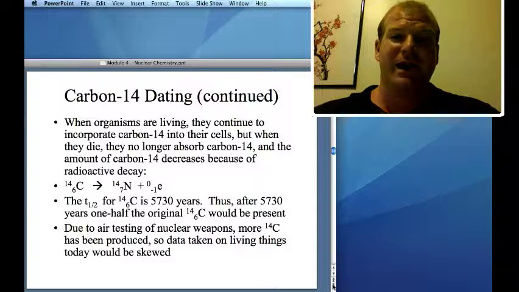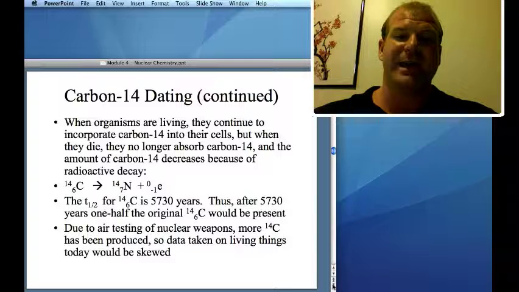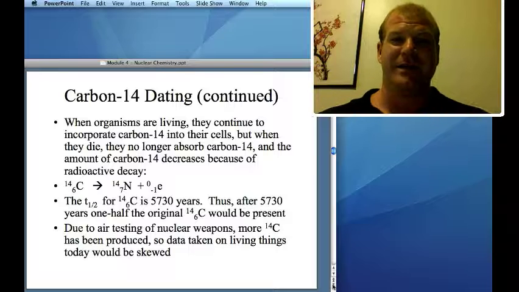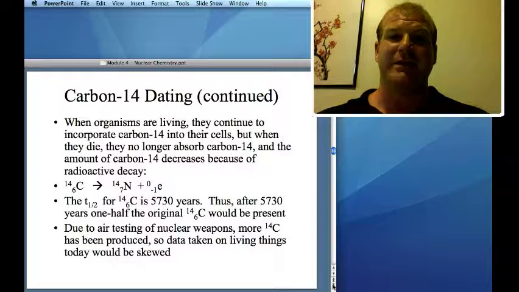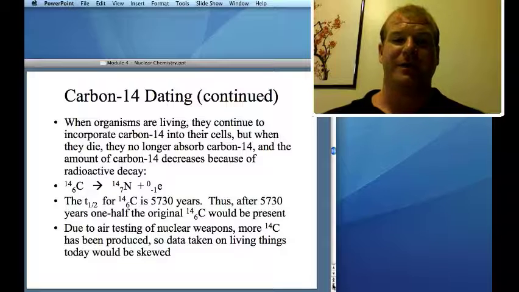Now, when someone dies, if I die, I'm no longer going to eat. So that means as I die, my radioactive carbon is decaying, but it's not being replaced. Likewise, a plant stops photosynthesizing and stops replenishing its radioactive carbon. And so by the level of radioactivity, you can figure out how old something is.